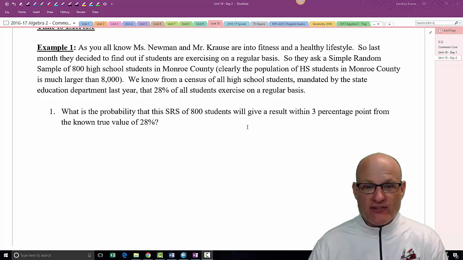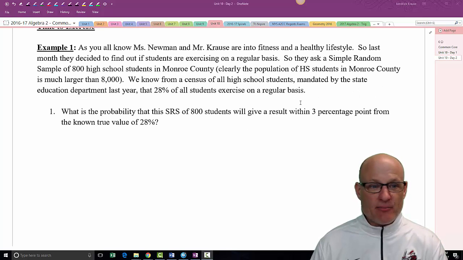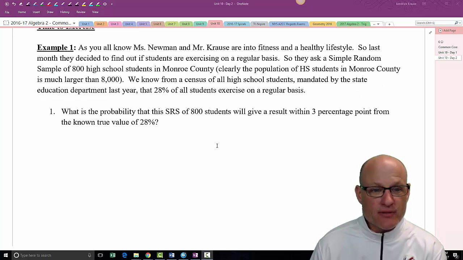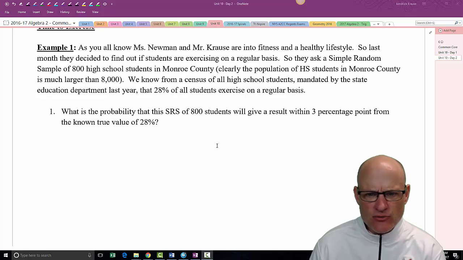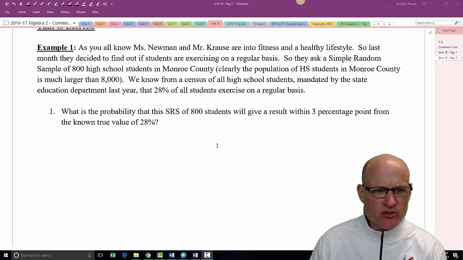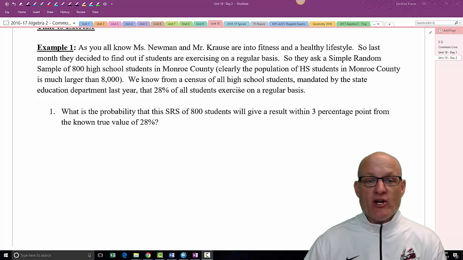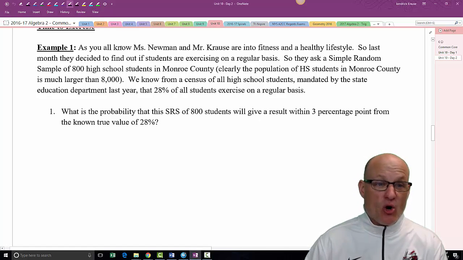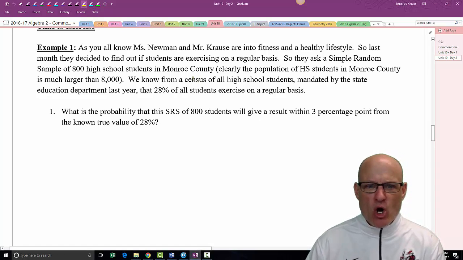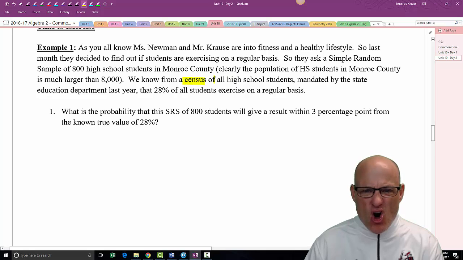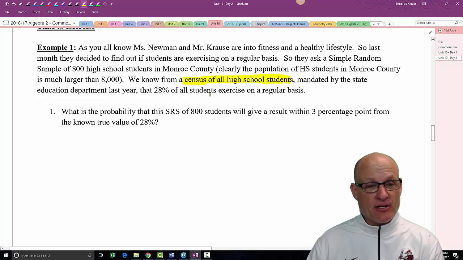We know from a census that all high school students, because it's mandated by the state education department, that 28% of all students exercise on a regular basis.